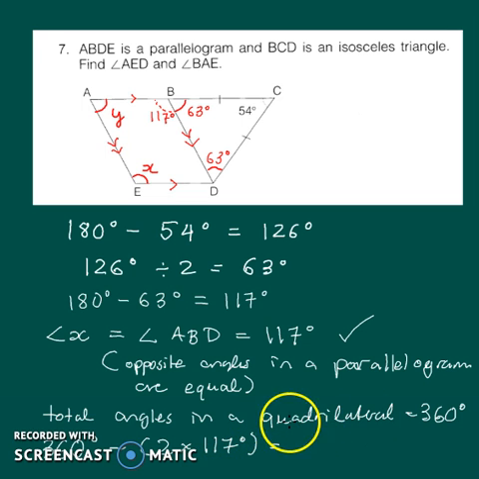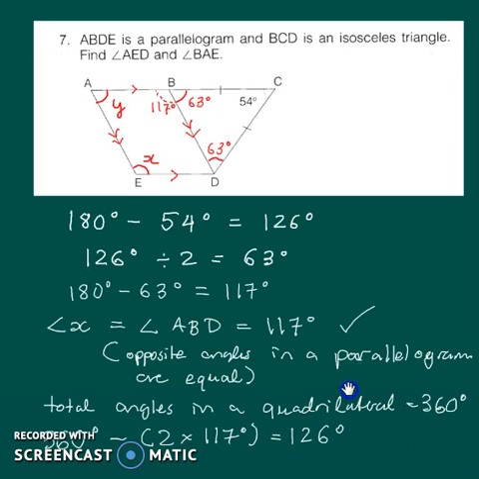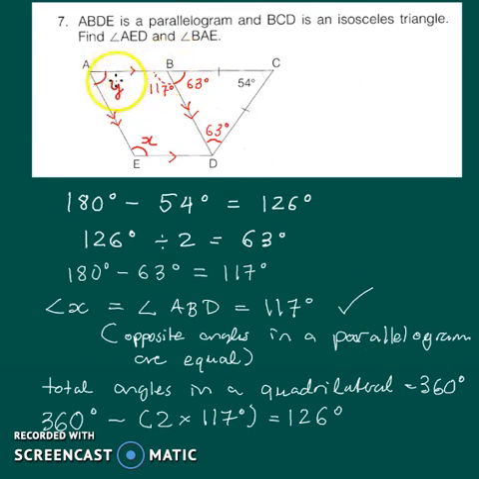If we subtract that, we get 126 degrees. And now we know that angle Y plus angle BDE together are 126 degrees. Since they are equal by the same law, which says that opposite angles in a parallelogram are equal, we can cut 126 degrees in half, and we already know that that is 63 degrees.